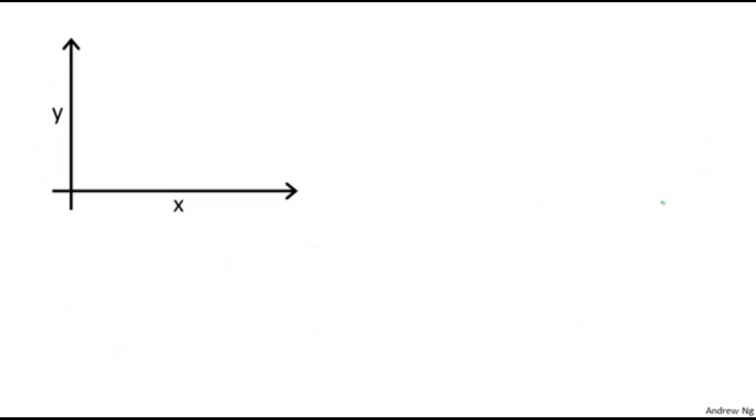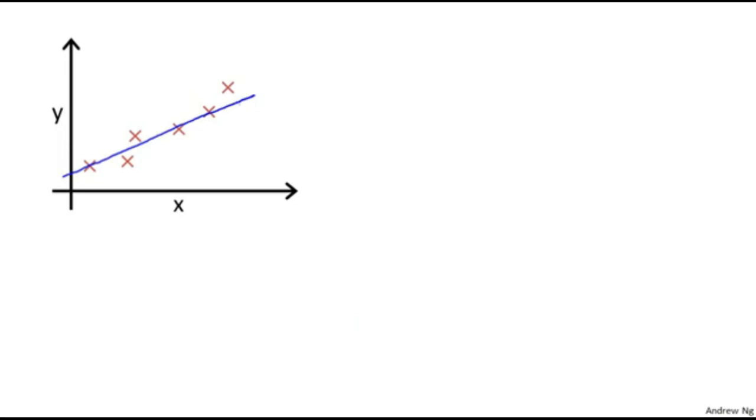In linear regression, we have a training set, like maybe the one I plotted here. What we want to do is come up with values for the parameters theta 0 and theta 1, so that the straight line we get corresponds to a straight line that somehow fits the data well, like maybe that line out there.